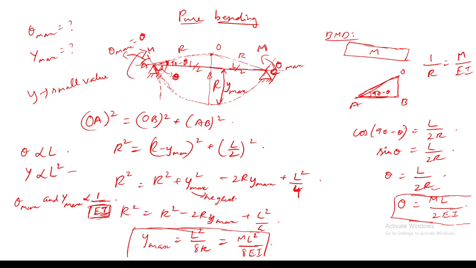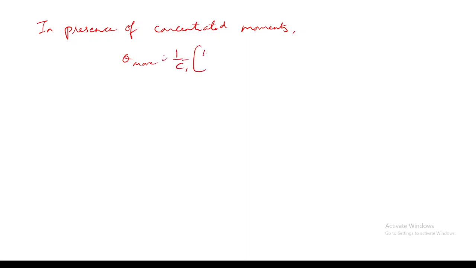Yes, sir. So from this, I am actually going to generalize. In presence of concentrated moments, theta max is equal to 1 by C1 times ML by EI, and y max is equal to ML square divided by EI, where C1 and C2 are constants.